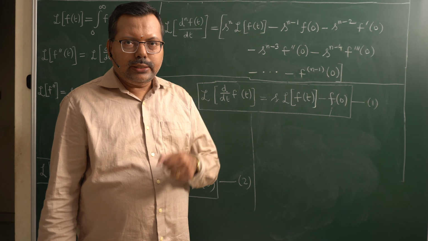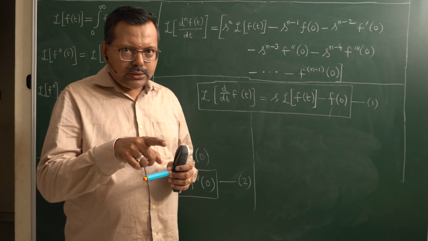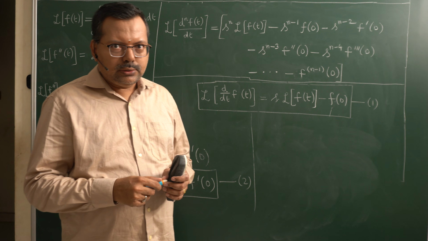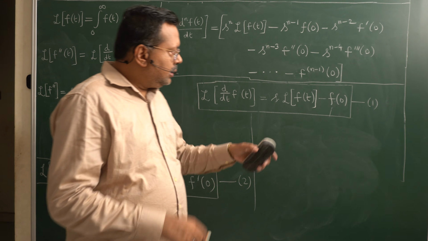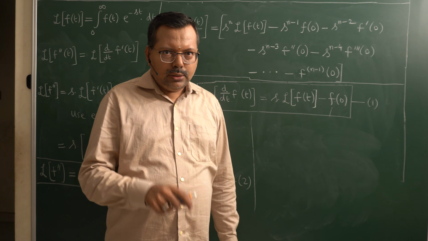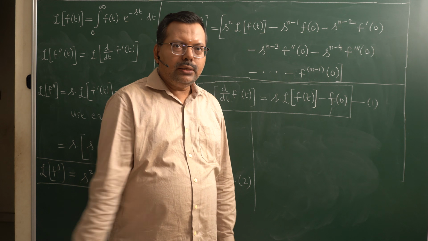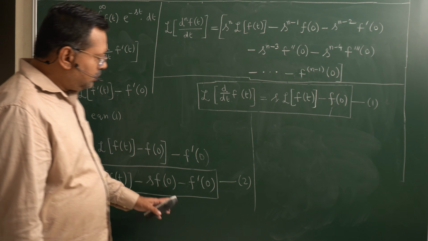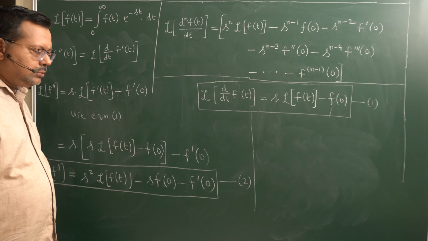Mathematical theory clearly tells you that a second order differential equation requires two conditions, which may be initial or boundary. If you have a first order differential equation, one initial condition is required to fix the arbitrary constants. Fixing means finding the arbitrary constants, which are the constants of integration. When you integrate, one constant will come.